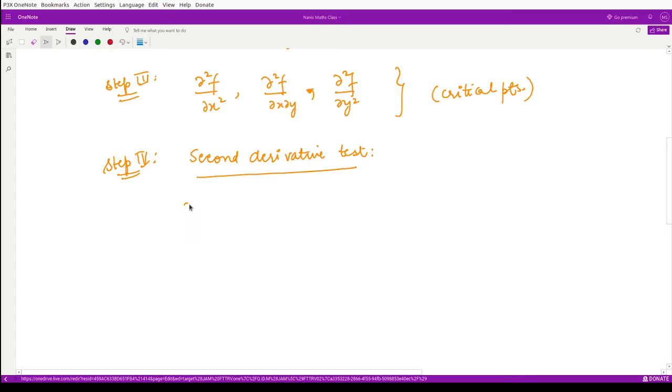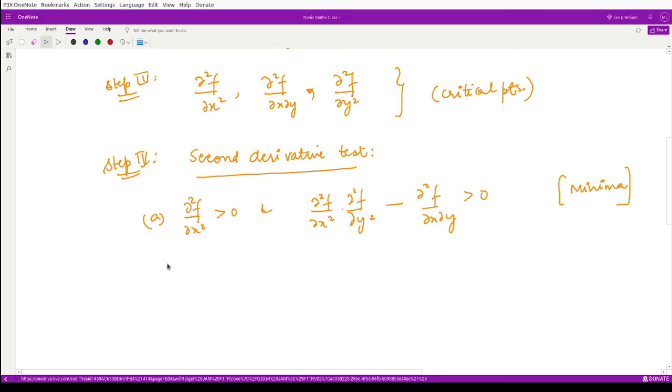In this case, if the quantity del 2f by del x2 is positive, and moreover the quantity del 2f upon del x2 into del 2f upon del y2 minus del 2f upon del x del y, whole squared, is positive, we have a minima at that particular point. In the second case, if you have del 2f upon del x2 greater than 0 and this quantity less than 0, in that case we have maxima.